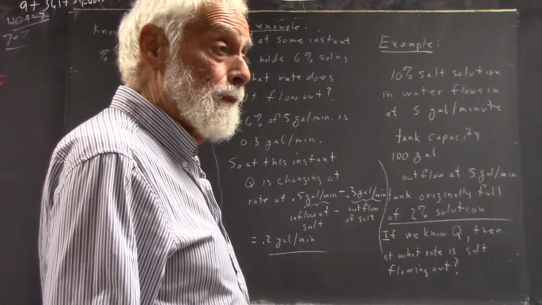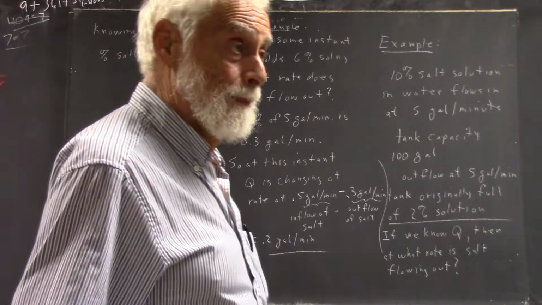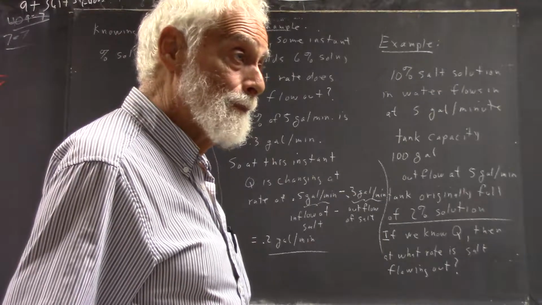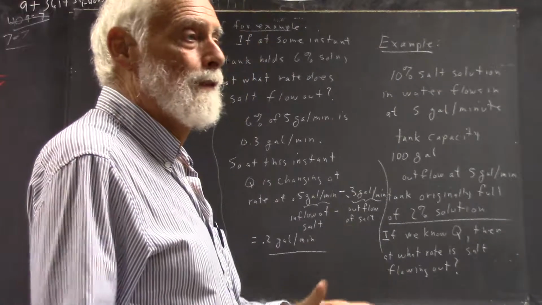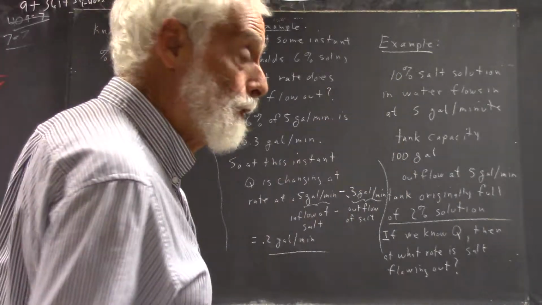Well, in general, if you have a different volume of tank, what are you going to do? You're going to divide the amount of salt by the volume of the tank, or at least the volume of solution in the tank. In this case, the tank will always be full.